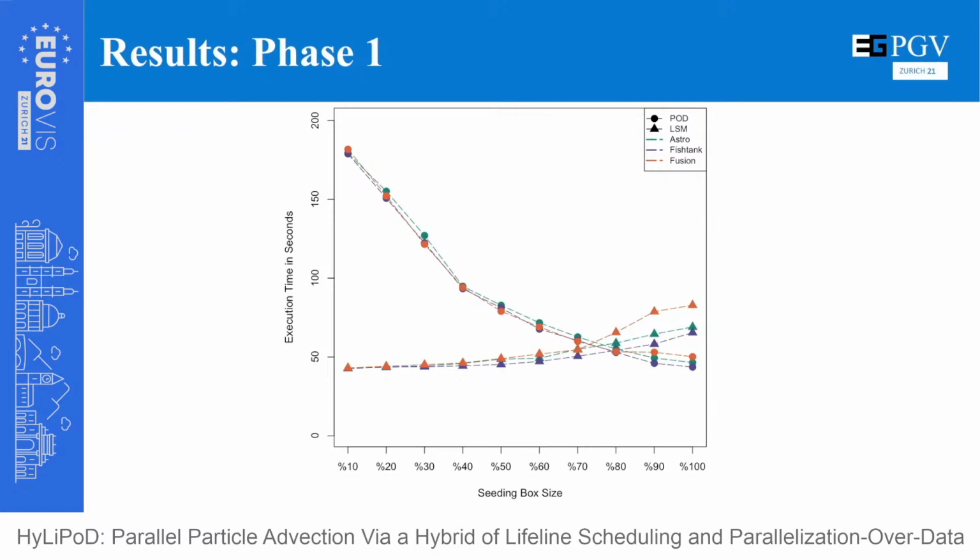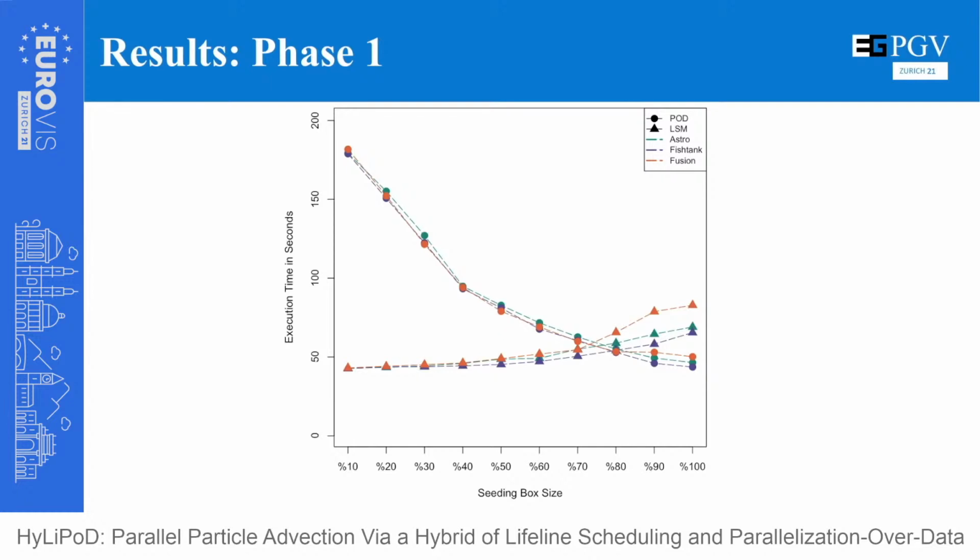In phase 1 of our study, we focused on selecting the best threshold. In this figure, the x-axis shows the different sizes of the seeding box, and the y-axis shows the execution time in seconds. When the value on the y-axis is lower, that means the performance is better.